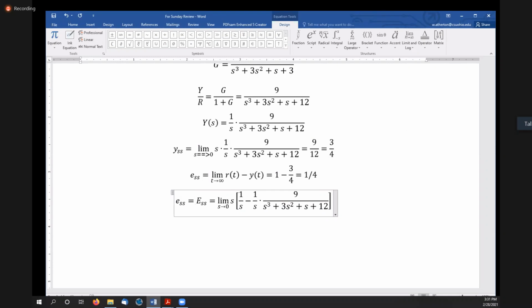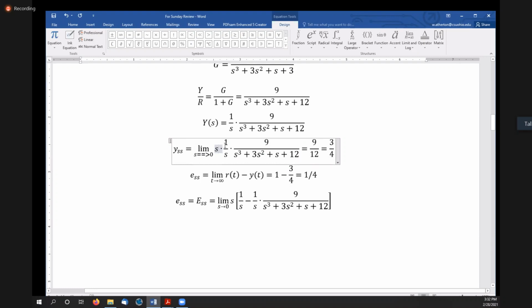So for the response, the s's in the denominator canceled out because s was approaching 0, right? Back here, yep, that step. This s here is multiplied because that's part of the final value theorem.